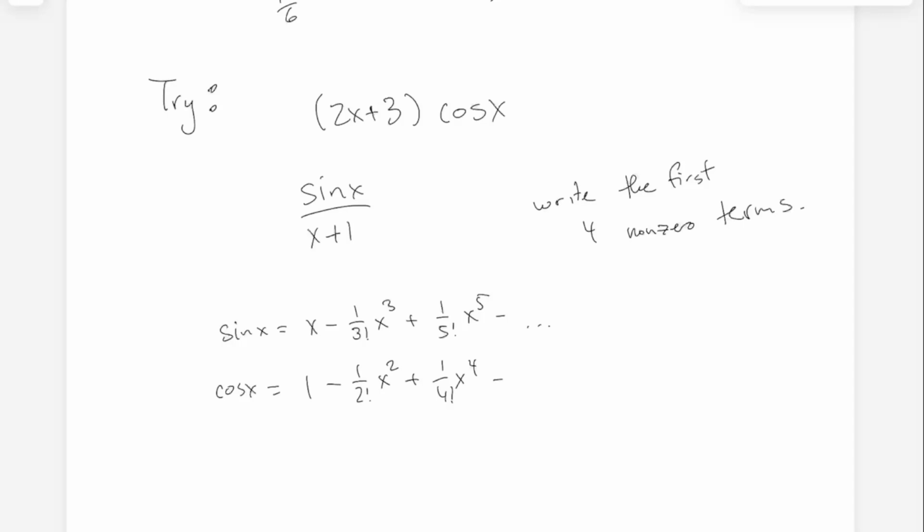I think I did too many terms, but I did 4 terms of cosine. Which got you 6 terms. Wait, so for this one, I should just do 2 factors. How would you do 4 terms? Because I did 4 terms of cosine, but how would you do it?